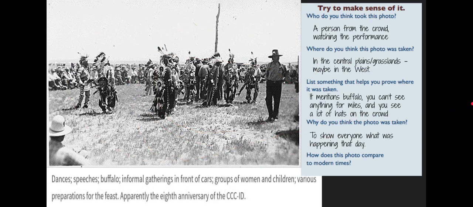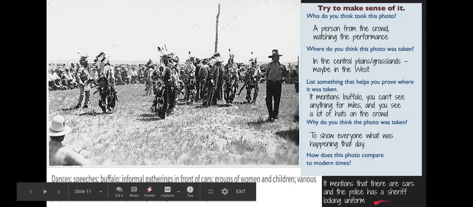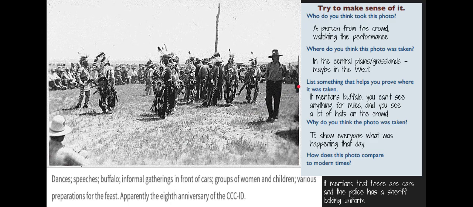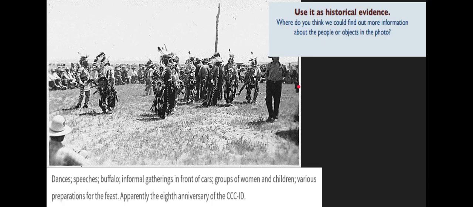And how does this photo compare to modern times? Well, it mentions that there are cars and the police has a sheriff looking uniform on. So there are cars, so it must be more modern day. People are in groups. And then, using it as historical evidence, where do you think we could find out more information about the people or objects in the photo?